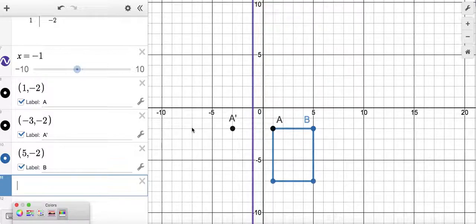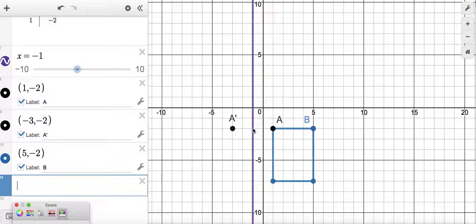And if we're not sure where that point is or how we're figuring it out math-wise, you can just use your units that are right here. You can use your x. Since this one is 1, 2, 3, 4, 5, 6 units away on the right, this one's going to have to be 6 units away on the left.